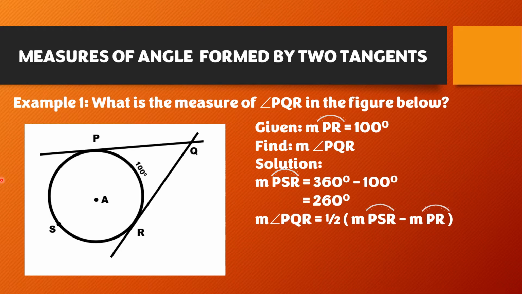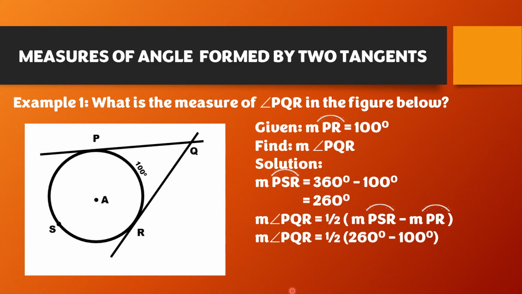Next, we're going to solve for the measure of angle PQR by applying the external angle theorem. The measure of angle PQR is equal to 1/2 times the measure of arc PSR minus the measure of arc PR. By substitution, the measure of angle PQR is equal to 1/2 times 260 degrees minus 100 degrees.